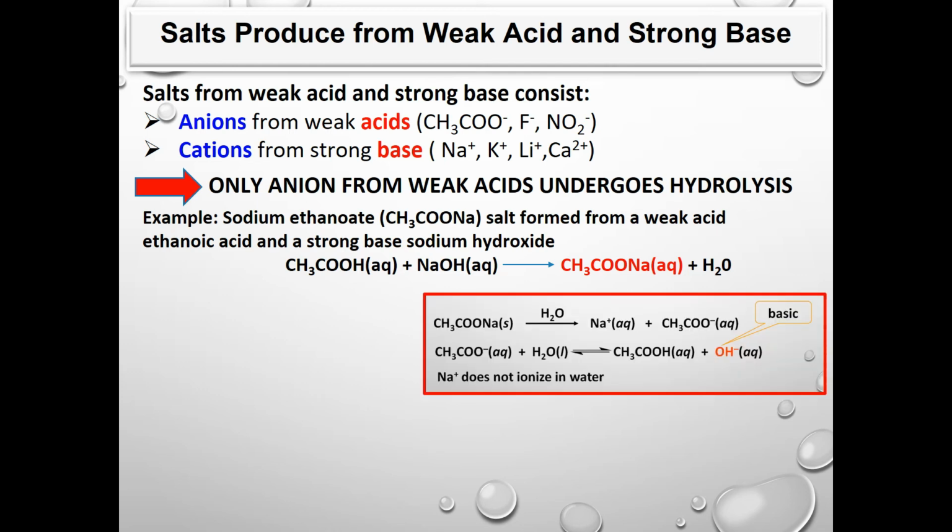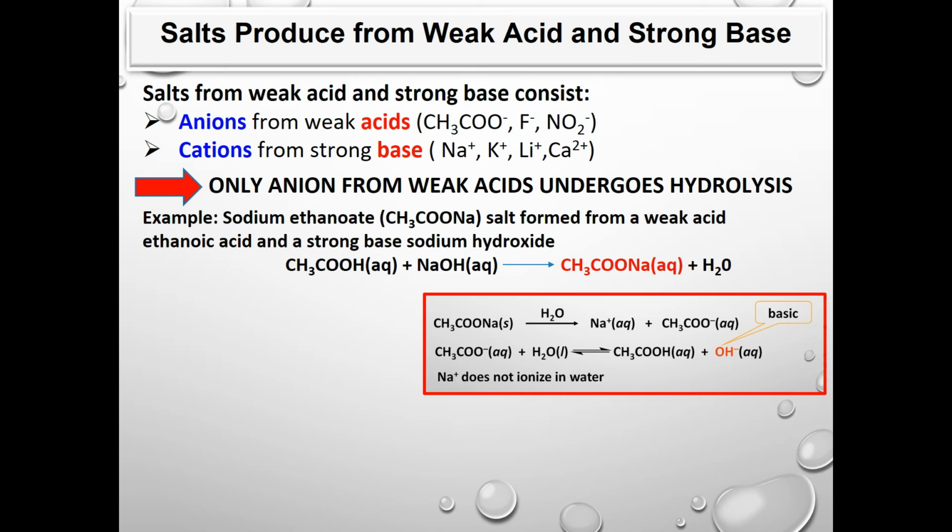As you can see, there are two equations given here. The first equation shows the complete dissociation of the sodium ethanoate salt into sodium cation and ethanoate anion.